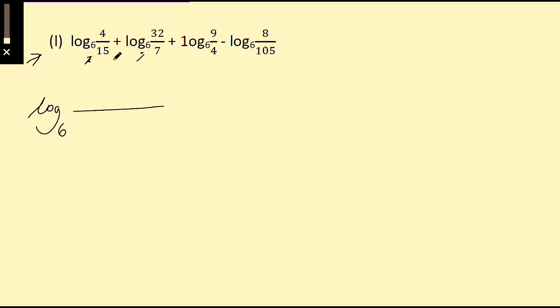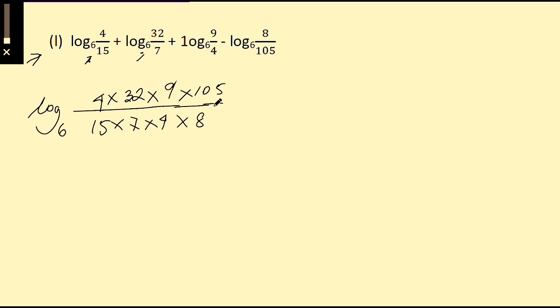Then we will have log 4 times 32 times 9 times 105 over 15 times 7 times 4. If we calculate this argument, finally we will have log 36 to the base of 6.